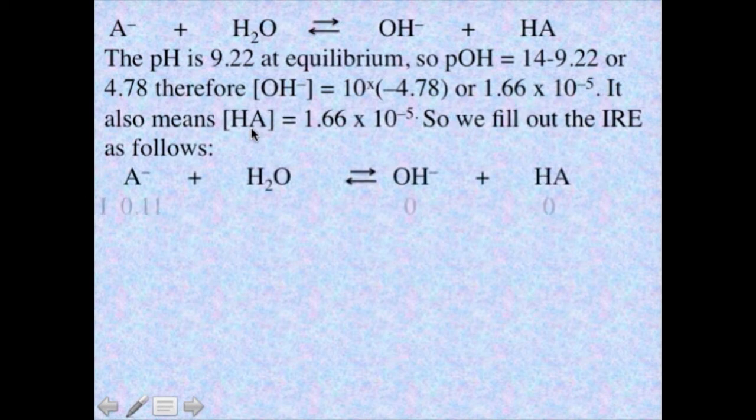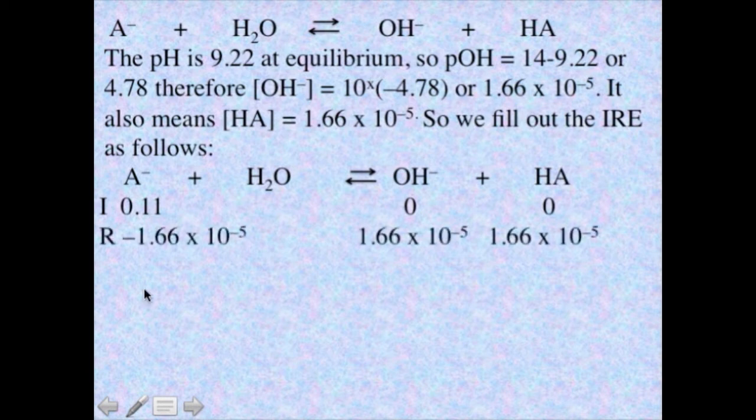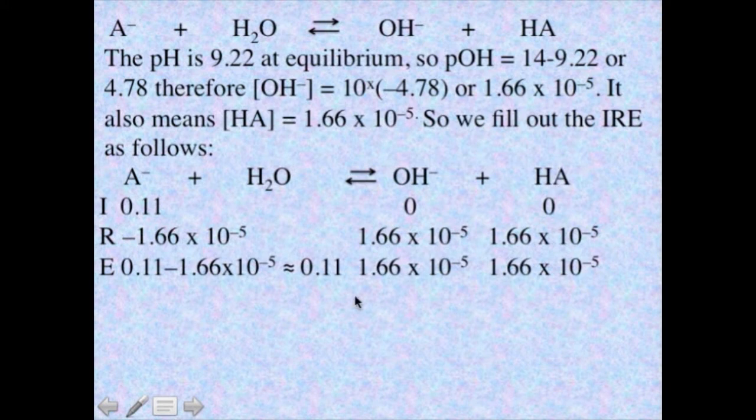So the IRE starts out like this, initially 0.11 molar of A minus. A quantity, minus 1.66 times 10 to the minus 5, of the A minus reacts to form the hydroxide concentration and the weak acid concentration. Then at equilibrium, we have the starting 0.11 molar of the weak base minus 1.66 times 10 to the minus 5.